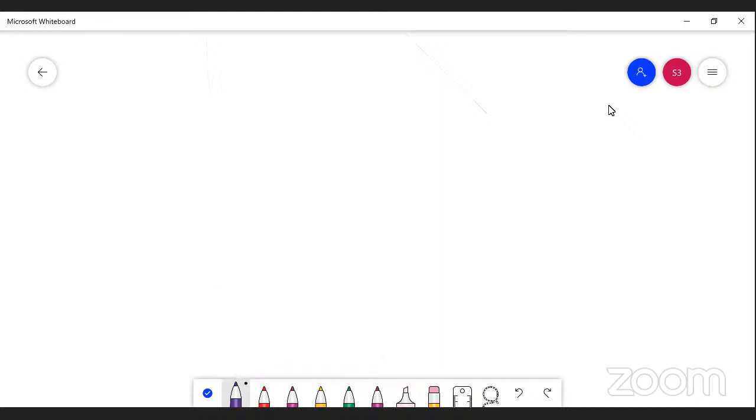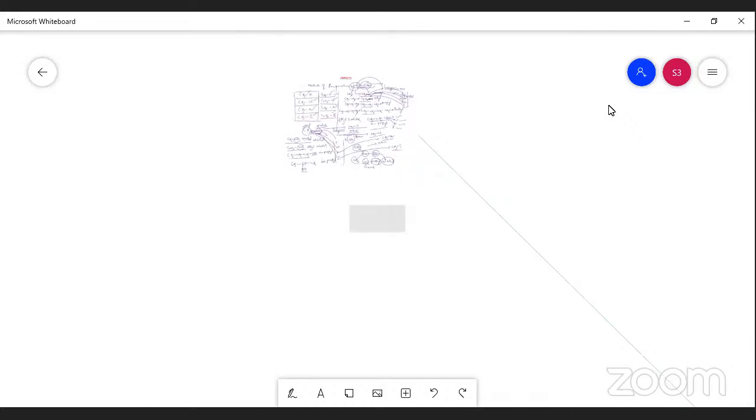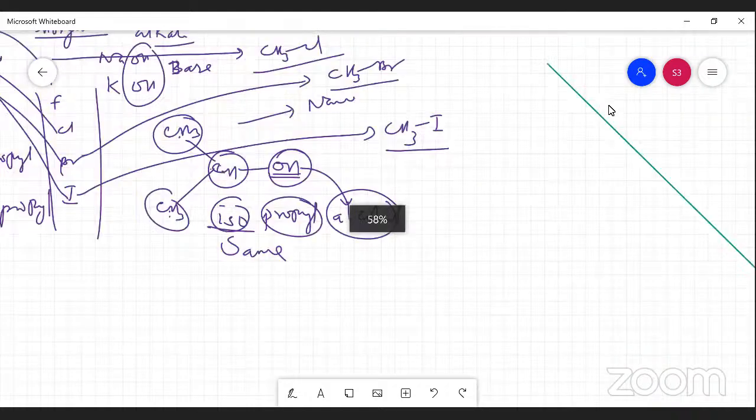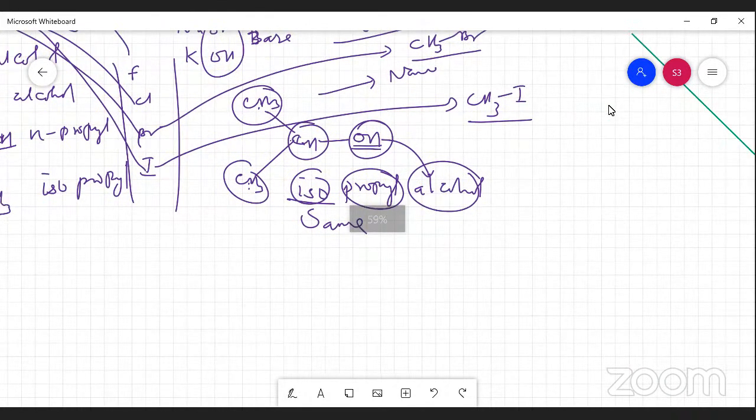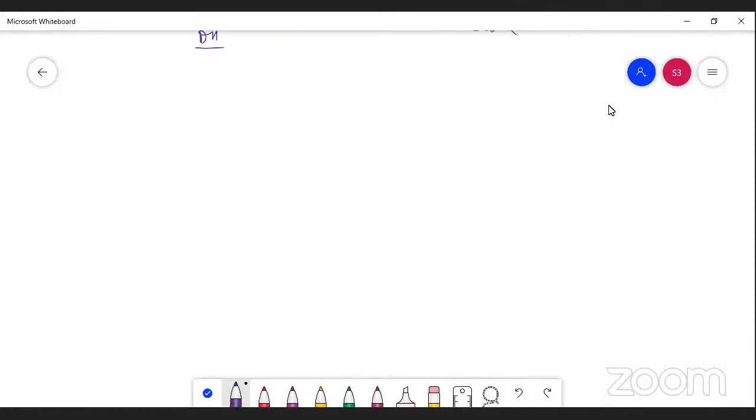The next methods, the preparations. The first method, preparation of alkyl halides.